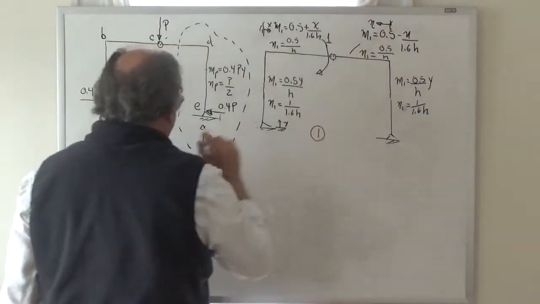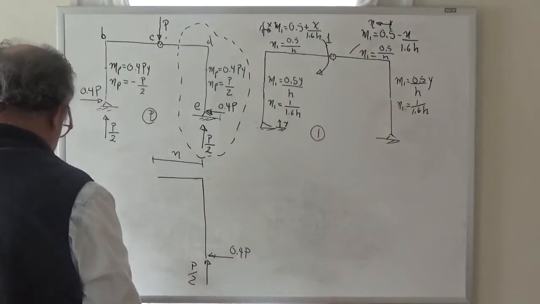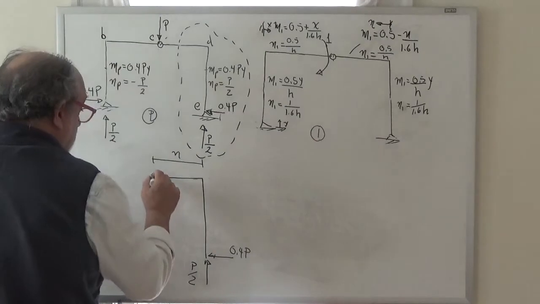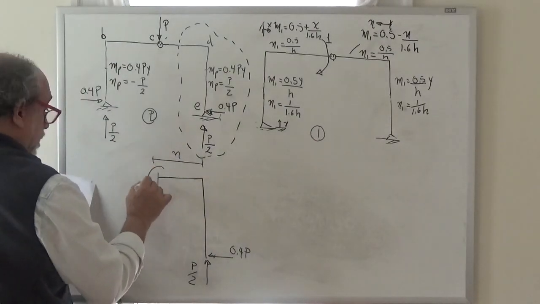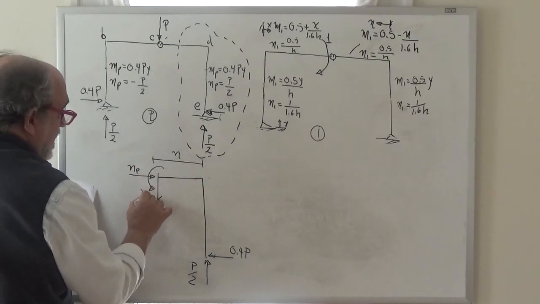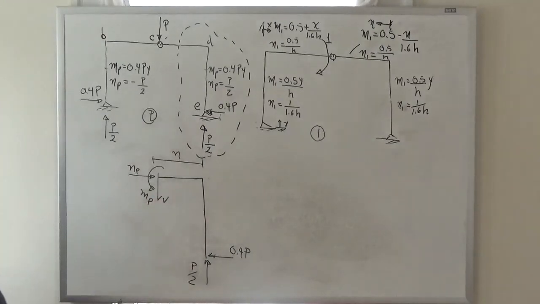The name is the coordinate N. At the cut, I need to have axial, shear and moment, and they were already determined to have these directions. Therefore, this is NP, this is MP, and I have a shear that I don't care about because I'm not using it.